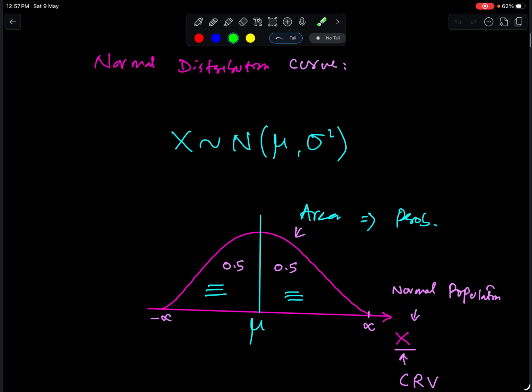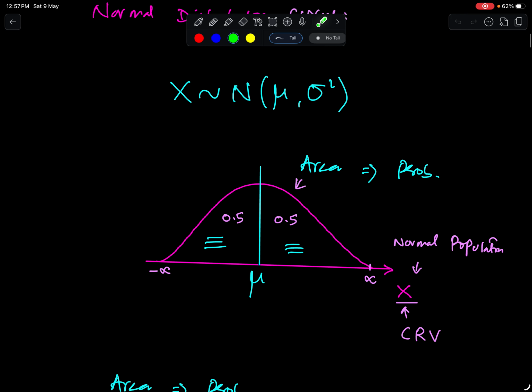Okay, let's continue. Normal distribution curve. This is the way we write normal distribution.